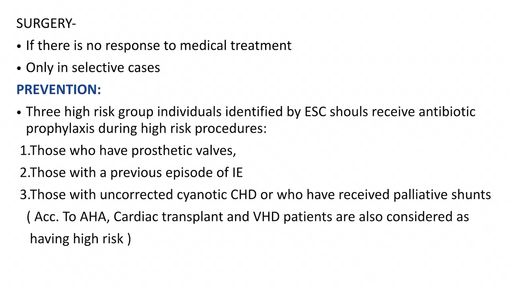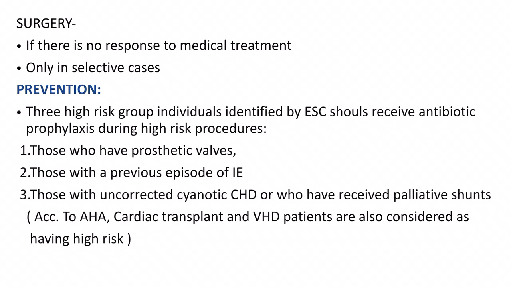According to the ESC, the 3 high-risk categories are: first, individuals who have prosthetic valves; second, those who had a previous episode of infective endocarditis; and third, those with uncorrected cyanotic congenital heart diseases or who have received palliative shunts.